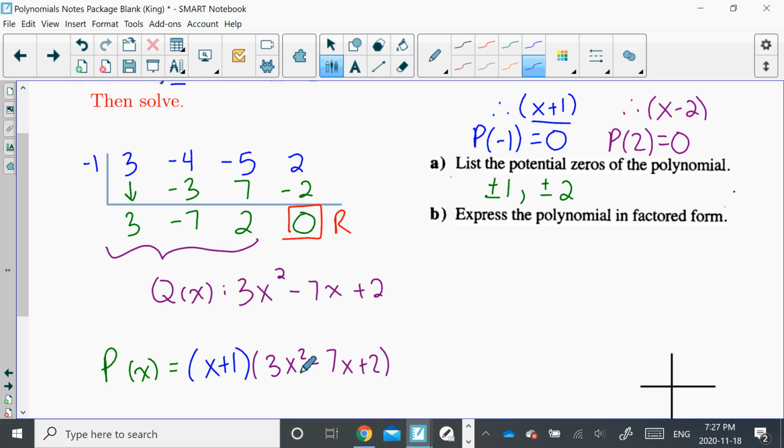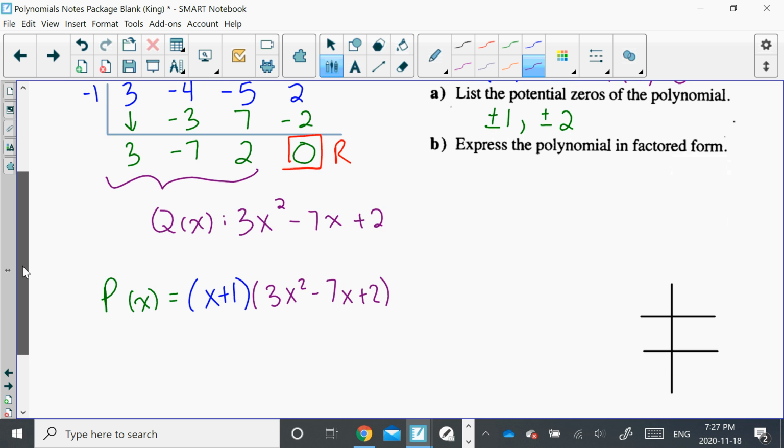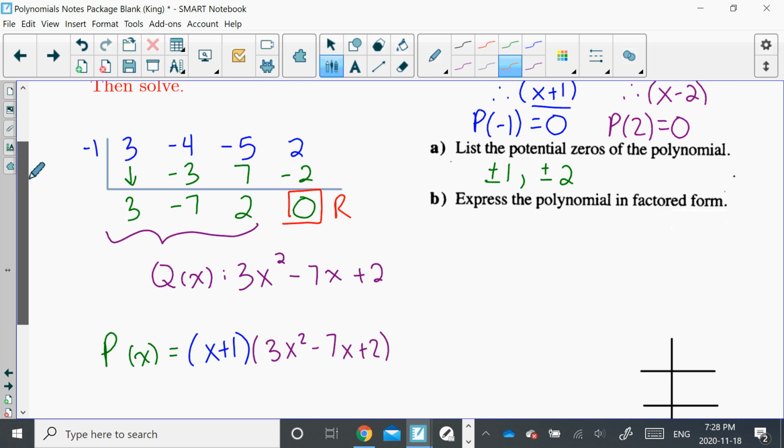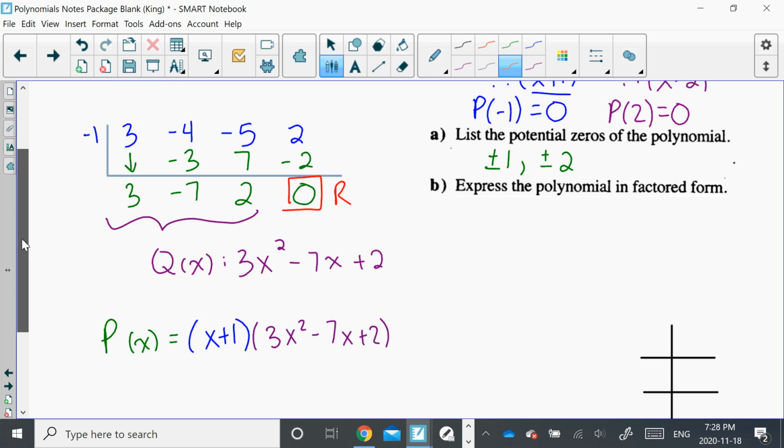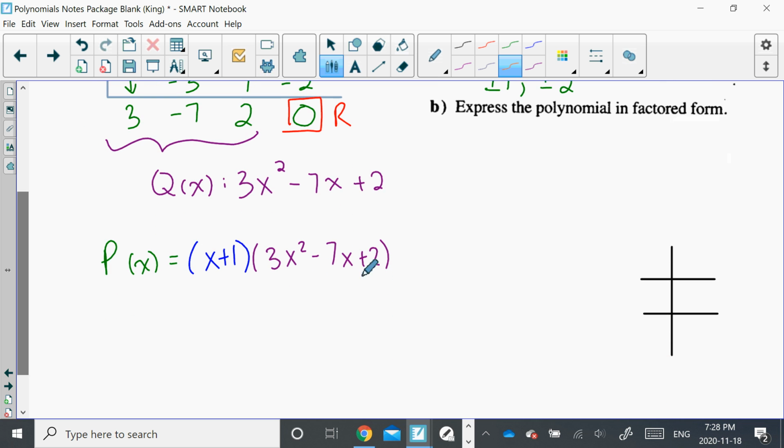They want this fully factored. As it stands, it is not yet fully factored. I know, for example, that x minus 2 is a factor. I could use synthetic division, or because it's an x squared, I could do PSA2 or decomposition.